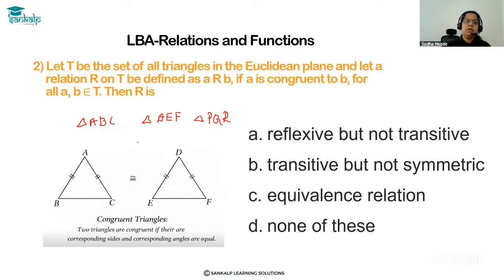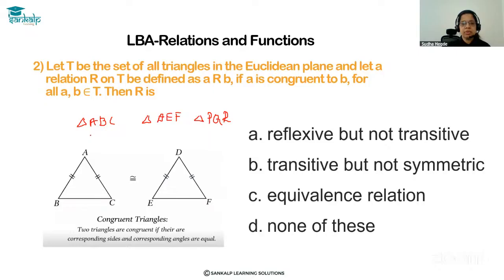If you take triangle ABC, its angles and sides AB, BC and CA are equal to those of triangle ABC again. So always triangle ABC is congruent to itself.